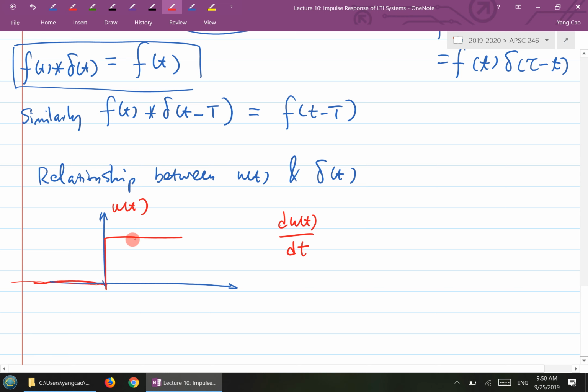This portion is also flat, so the slope must be 0. Just at here, it's not flat, it's straight up, and straight up means the slope must be infinite. So this derivative gives you 0 when t is not 0, and when t is 0, you get infinity. And that's actually the impulse function, delta t.